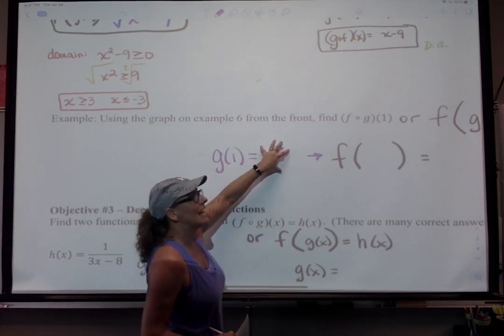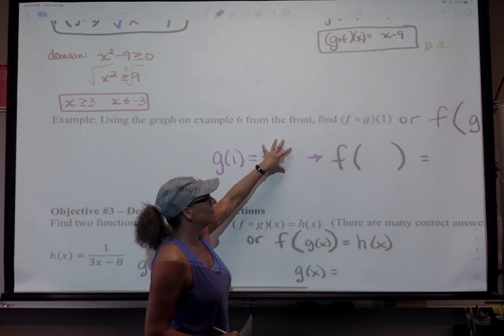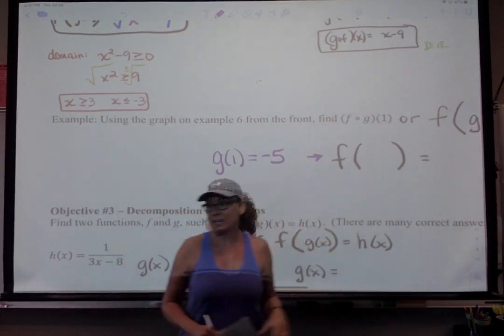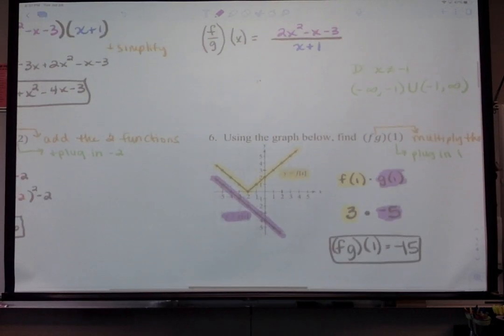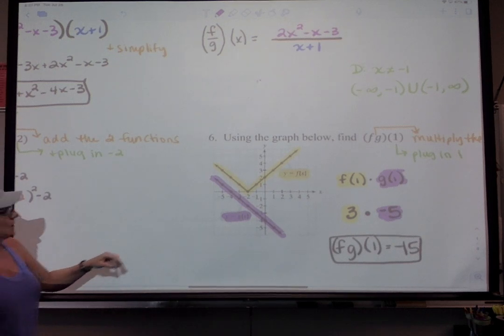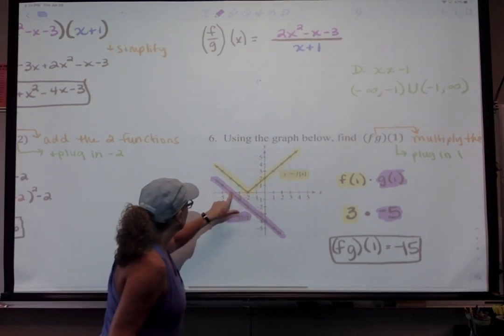Now let's take this answer of -5 and plug it into f. Now I'm plugging it into f. So go to your yellow graph. -5. 1, 2, 3, 4, 5.